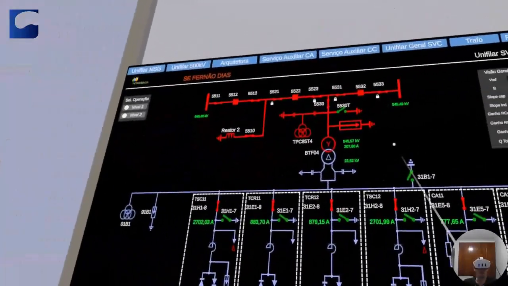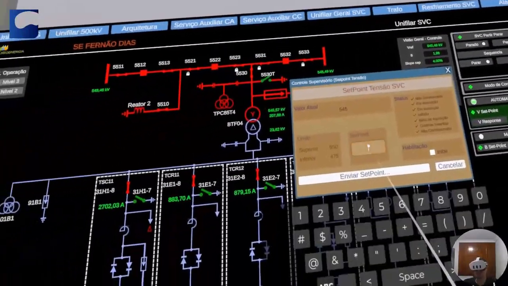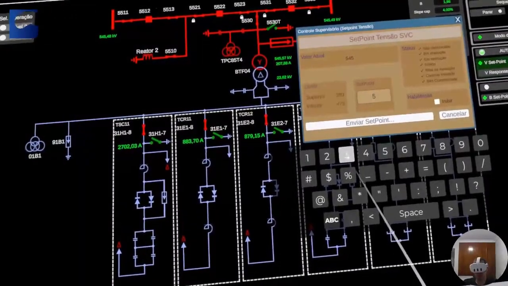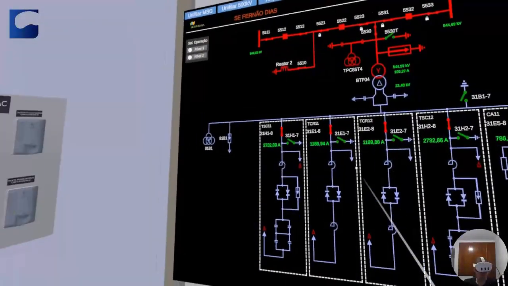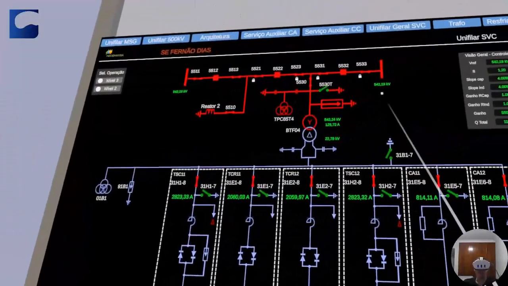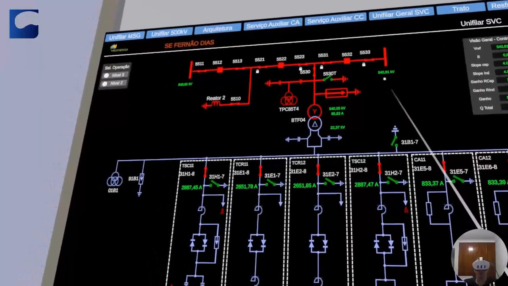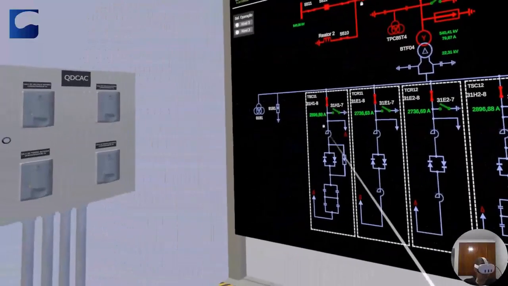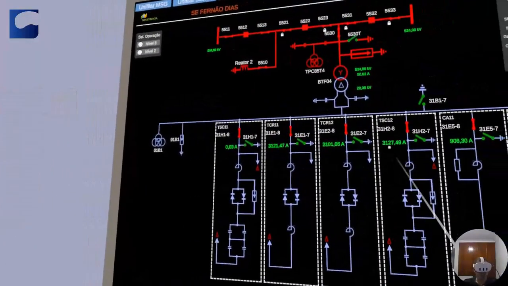And now, folks, I'm going to lower it. I'll lower it to 500 and set another set point here at 539. 539. And let's watch the bank working, the compensator working. It's reducing the voltage here, see? Aiming for the 539 that I requested and working here, the capacitor, both capacitors, and the reactor. Here it is.